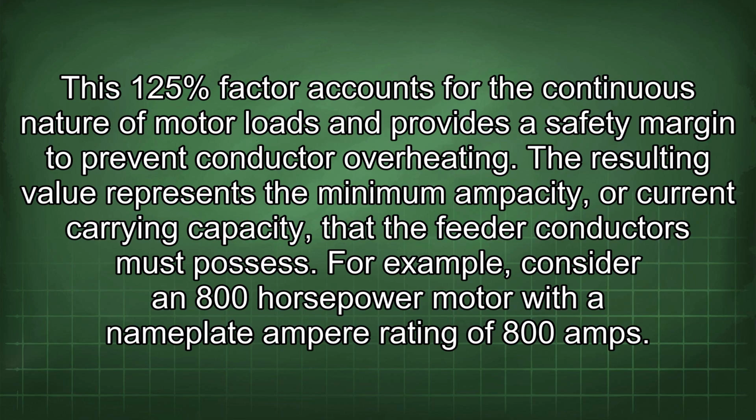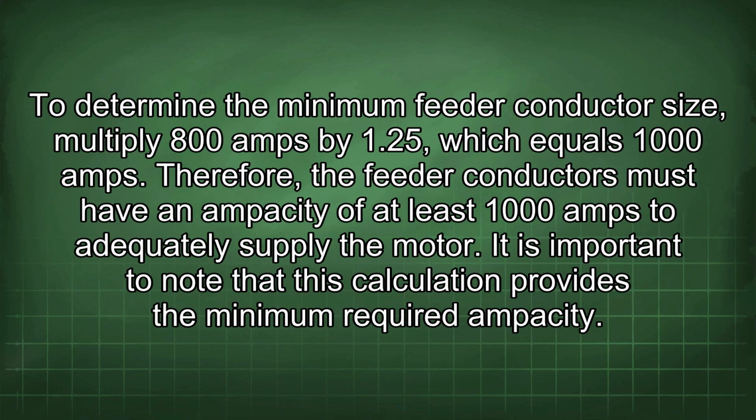For example, consider an 800 horsepower motor with a nameplate ampere rating of 800 amps. To determine the minimum feeder conductor size, multiply 800 amps by 1.25, which equals 1000 amps. Therefore, the feeder conductors must have an ampacity of at least 1000 amps to adequately supply the motor.